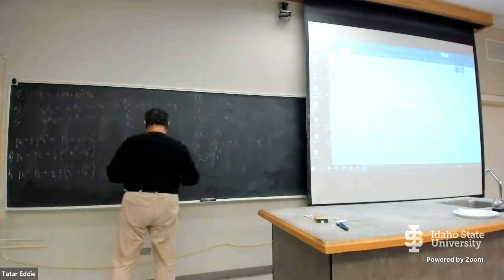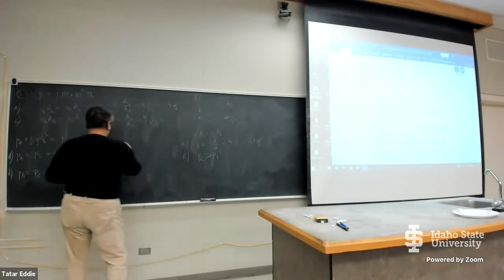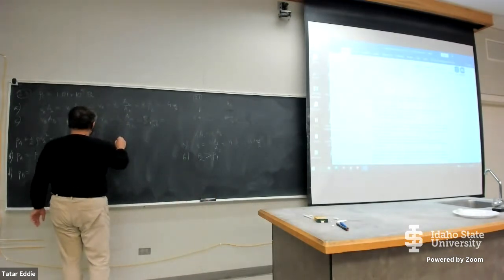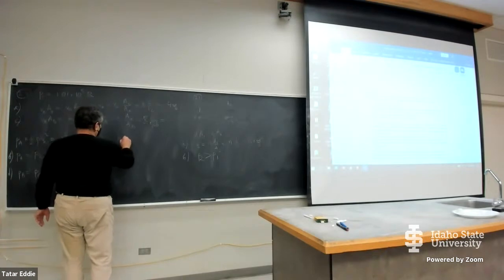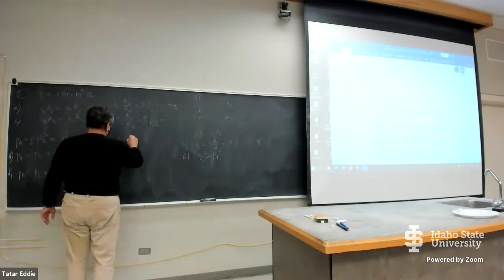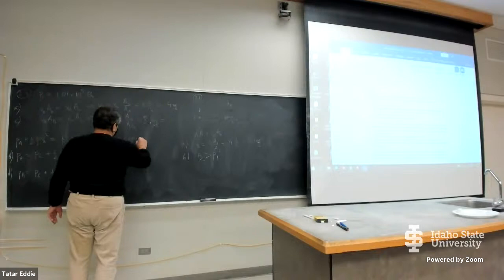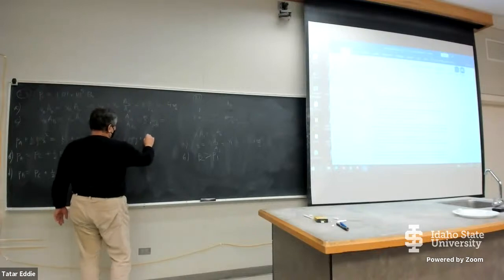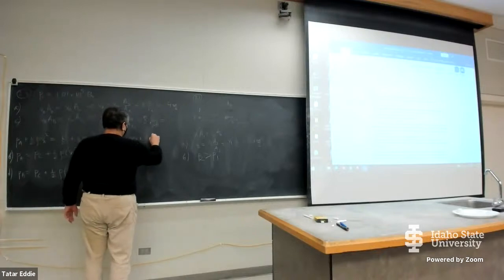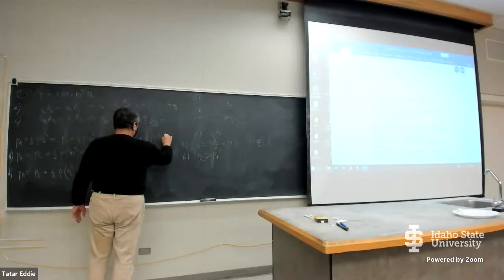Right? Bernoulli's equation says that pressure plus rho g y plus 1/2 rho v squared is a constant number.